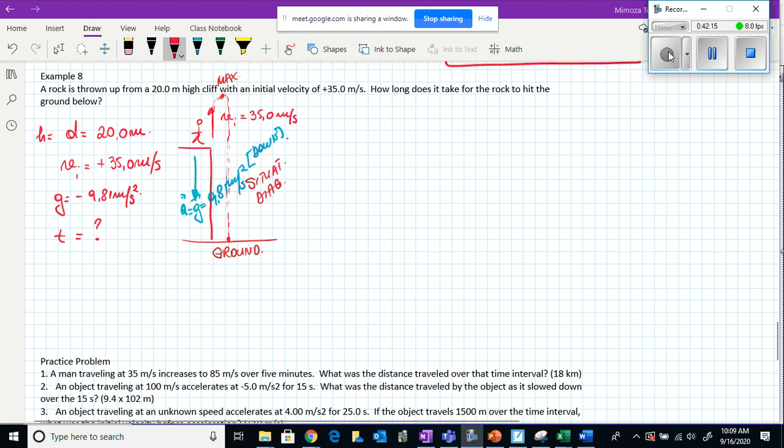The other option on the chat was Andre saying let's use D is equal to V initial T plus 1/2 A T squared. And this is actually where I was leaning more toward. So see what we have. D is equal to V initial T plus 1/2 A T squared.